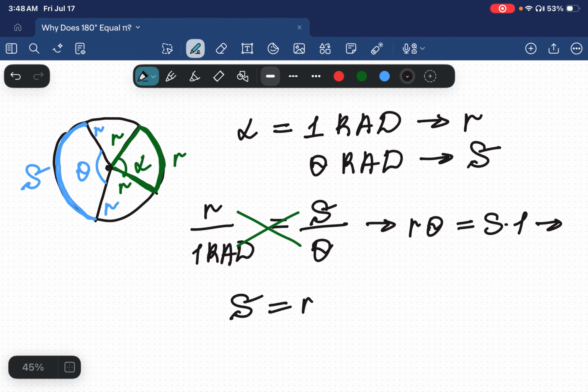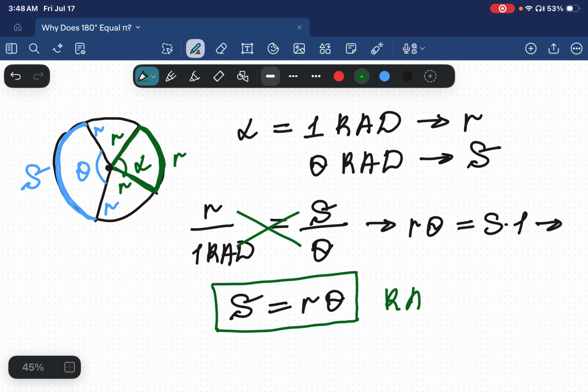And this is the famous formula for the arc length, which comes directly from the definition of 1 radian. Also remember that this formula only works when theta is measured in radians. It does not work for degrees.